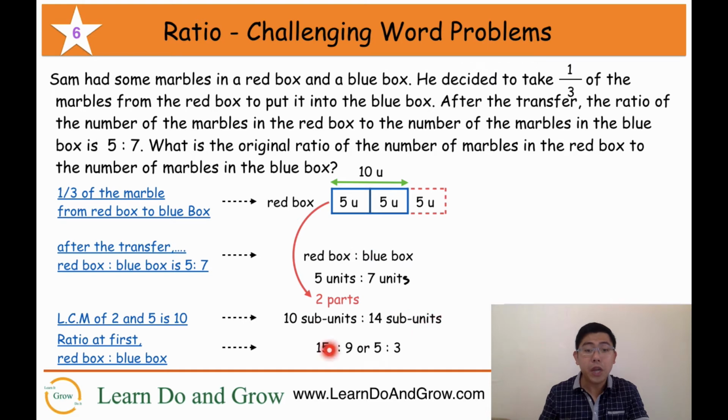So you look, ratio itself can be quite fast if you understand it. But if you don't really understand the ratio topic or the concept that well, I would suggest that you should start with the model first. With the model, it is easier for you to visualize the problem itself, and it is easier to see the hidden information.